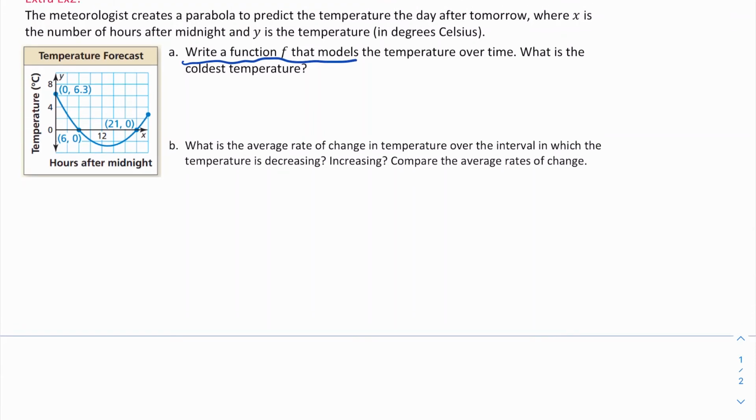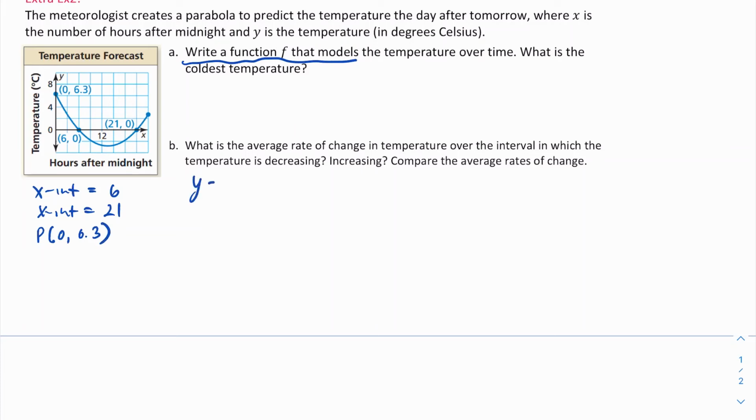So let's go ahead and write the equation. We have x-intercepts at 6 and at 21. And then they give you an extra point, which is 0 and 6.3.